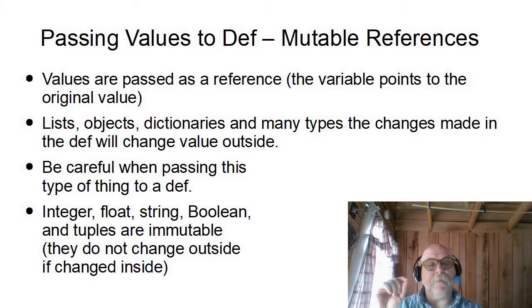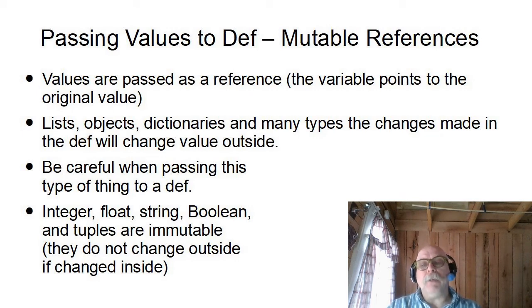Changes made in the definition will change outside. So if you pass a variable containing a list to a definition, and the definition changes that list, it will change it in the code outside. You've got to be really careful when passing this type of stuff to a def.